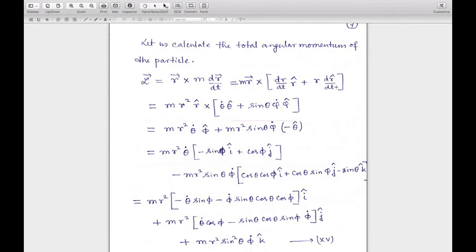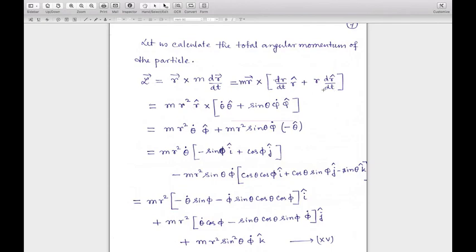Of course, d r unit vector/dt is non-zero because the r, theta and phi unit vectors are all changing with time, unlike the unit vectors of the Cartesian system which are fixed in time, right? So now r vector cross r cap will be 0, so the only contribution comes from m r vector cross r d r unit vector/dt.